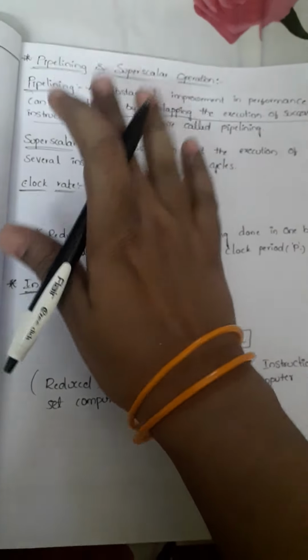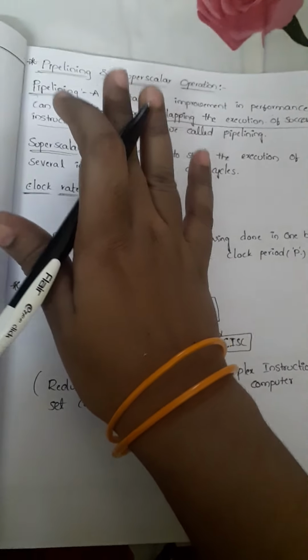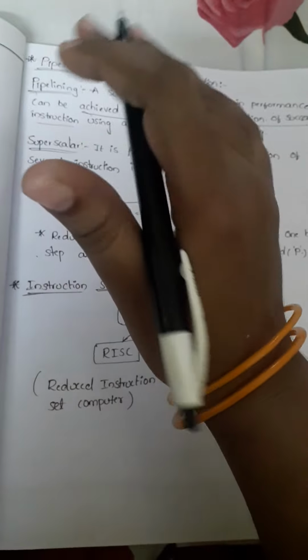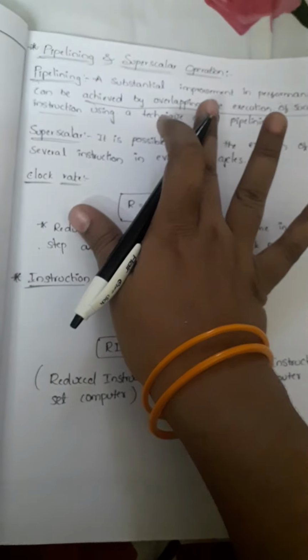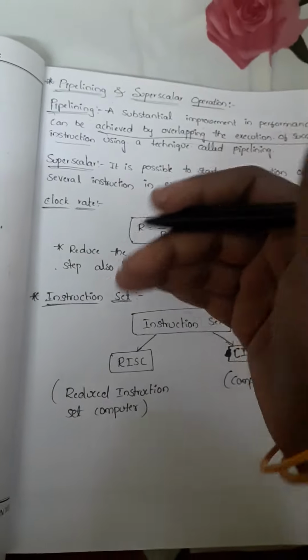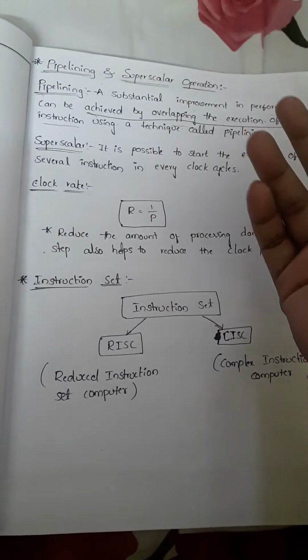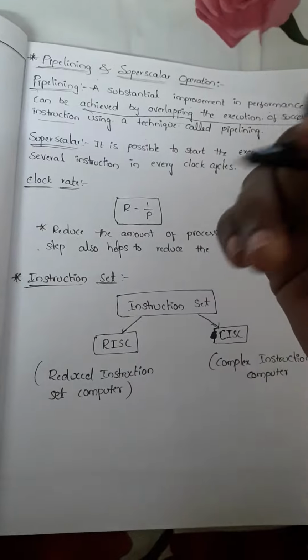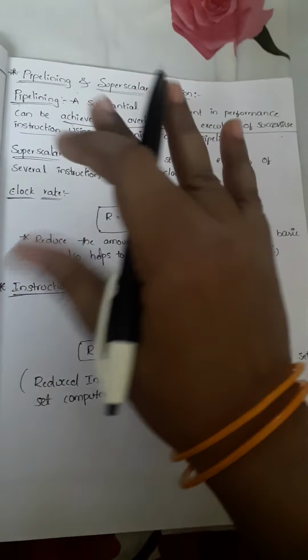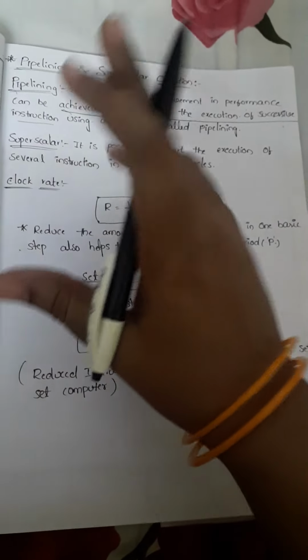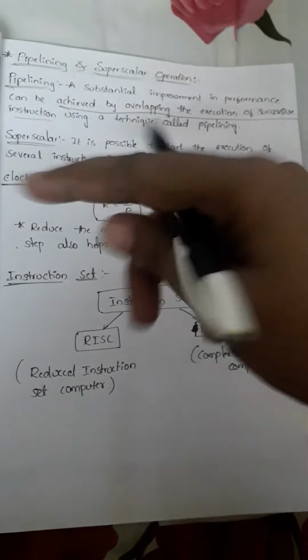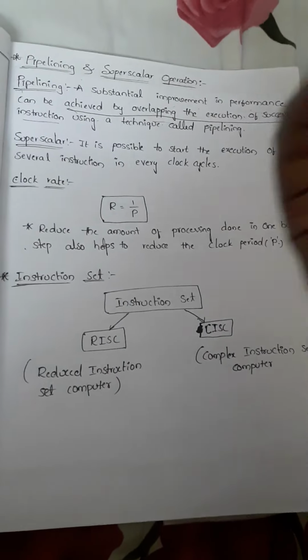So in the first instruction's execution machine cycle, it loads another instruction in the same machine cycle. One instruction execution is started, and in the same way another instruction will also be started. That means while executing the first instruction, the next instruction will be loaded.